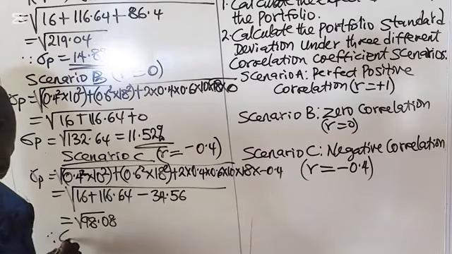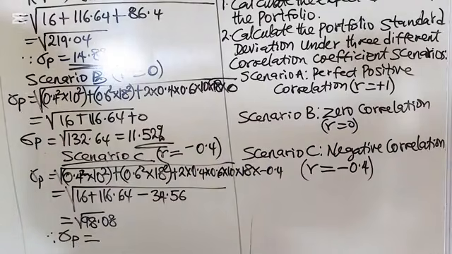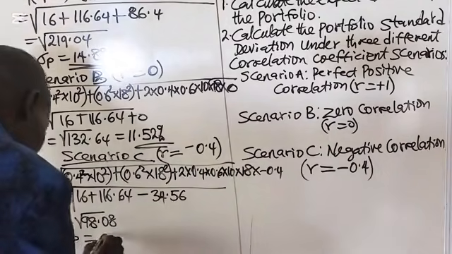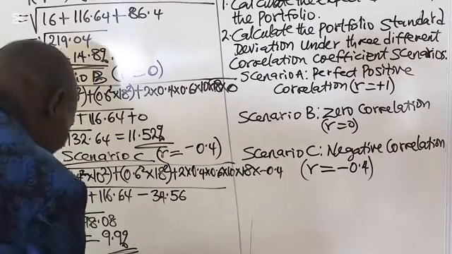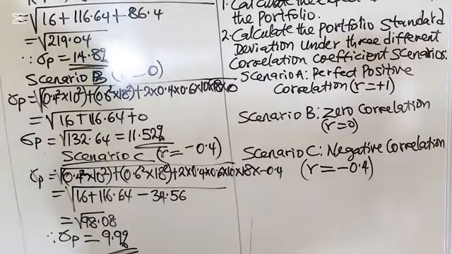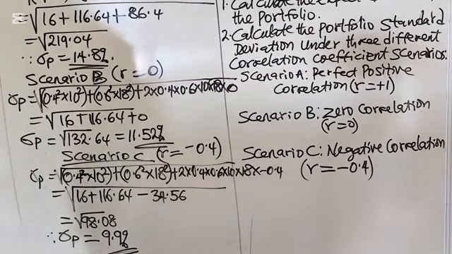Therefore, the standard deviation of the portfolio, the square root of that, is 9.9%. So the risk involved in this is the least. This is the best combination for the entity.